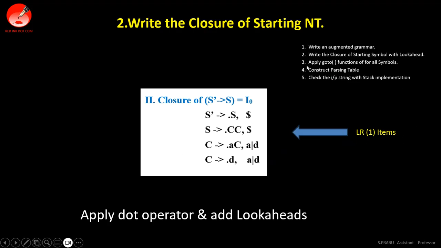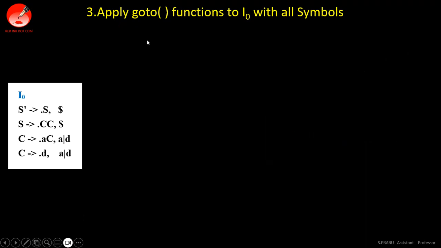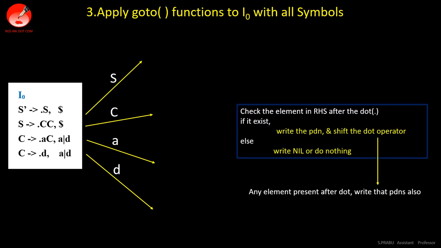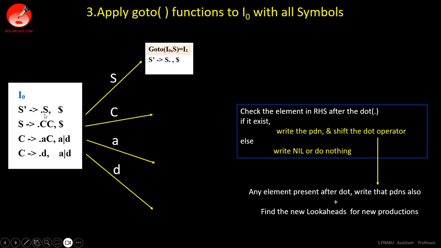Now we go to the third step. Third step is nothing but apply the goto functions to I0 set with all the symbols. First I apply capital S. Just follow these rules as we followed in simple LR. After the dot, capital S is there, so I write this production here with the shifting of the dot operator one position right and write the look ahead as it is.